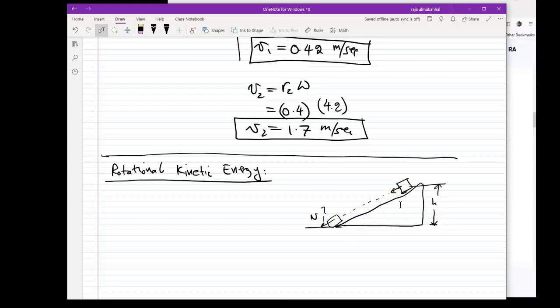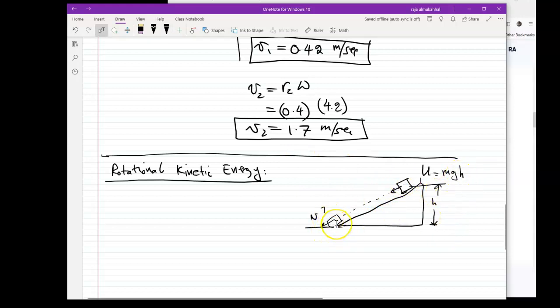So to use conservation of energy, as you know, at the top here, the total energy basically is potential energy, and that's equal to U equals mgh, right? I'm assuming you know all about it. We covered this in a previous lecture. The mass of the box, m, g times height, okay?